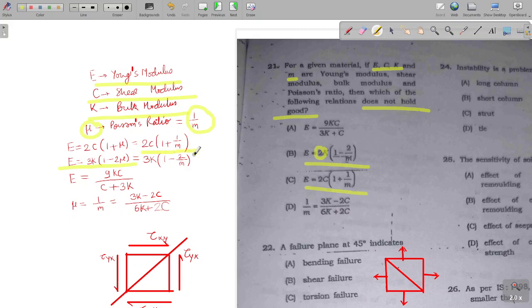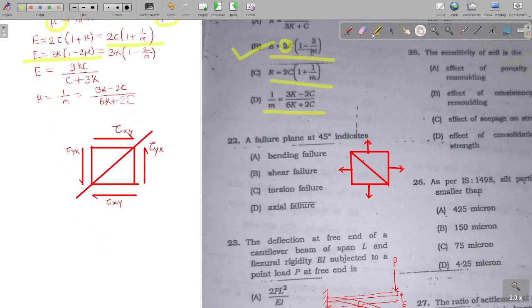That's right. And option D is 1 by m is equal to 3K minus 2C upon 6K plus 2C. So mu is equal to 1 by m is equal to 3K minus 2C upon 6K plus 2C. So option B is the correct option because it has a fault in it.